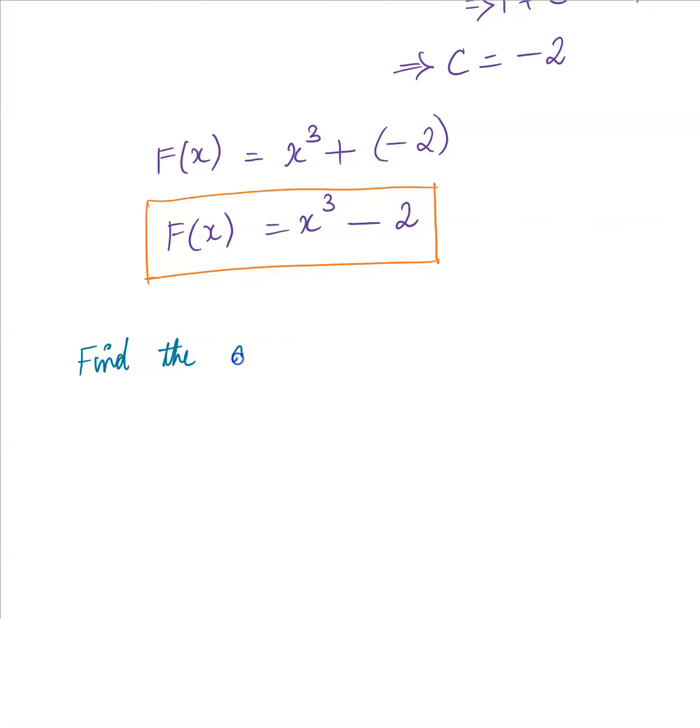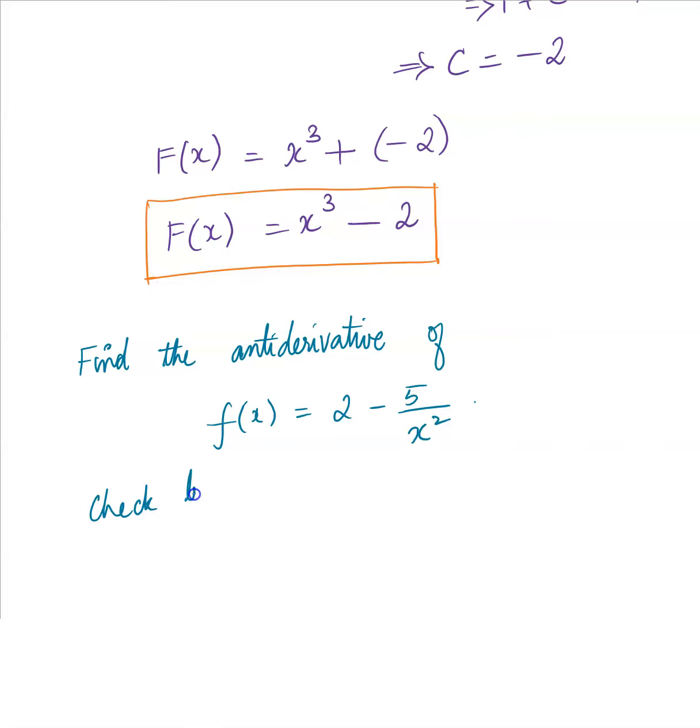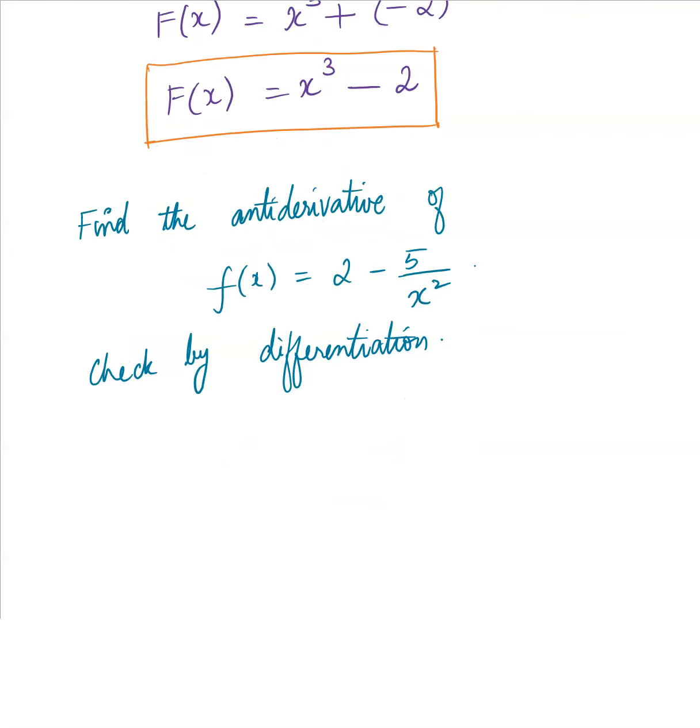Find the antiderivative of f of x equals 2 minus 5 over x squared, and they want us to check by differentiation. Again, this is all guesswork, isn't it?